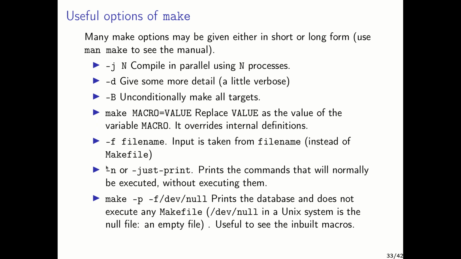This can be useful if you just want to know what make is going to do without actually doing it. And these we have already seen: print the database and do not execute any makefile.